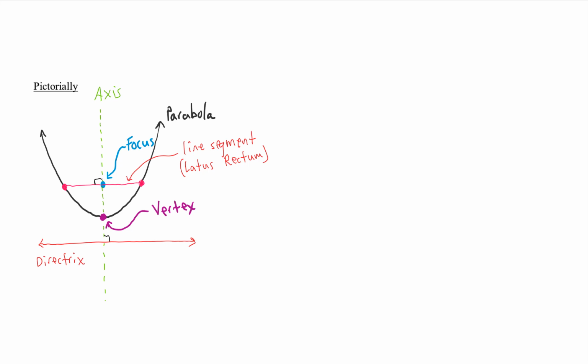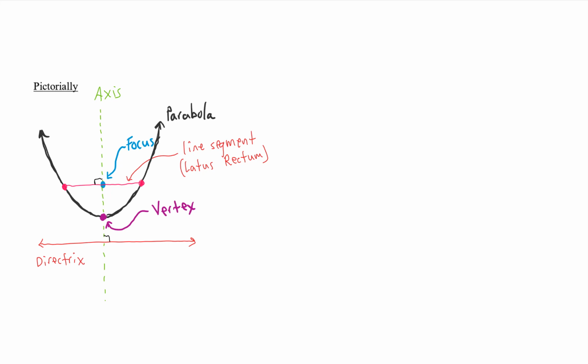Now notice the only thing that's actually the curve itself is the parabola. This black curve right here is the only thing that's actually the parabola. Everything else helps us define or graph the parabola.